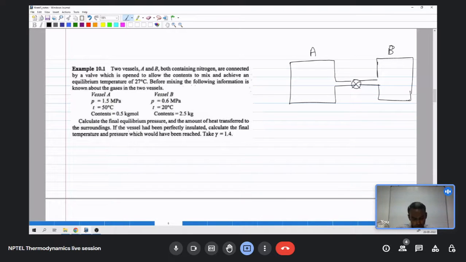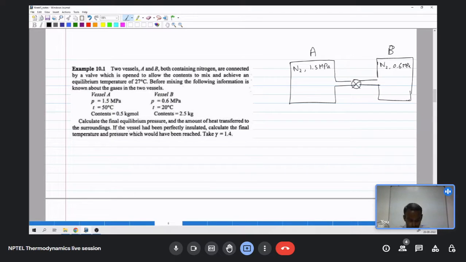So before mixing, the following information is known about the gases in the two vessels. So both have nitrogen. The pressure is given as 1.5 megapascal for container A, and it is 0.6 megapascal for container B, and the temperature is 50 degrees Celsius.